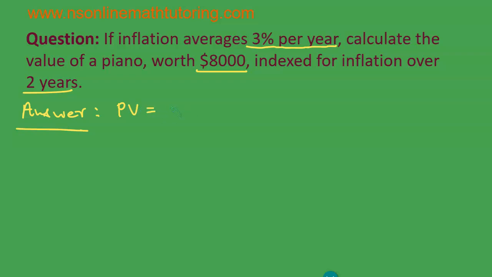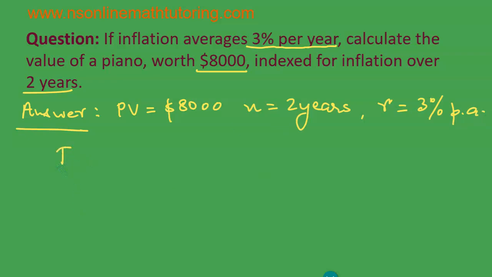The present value is $8,000. The number of years is equal to 2 years. And the inflation rate is equal to 3% per year, per annum or per year. Okay. So, what will be the indexed value of the piano?